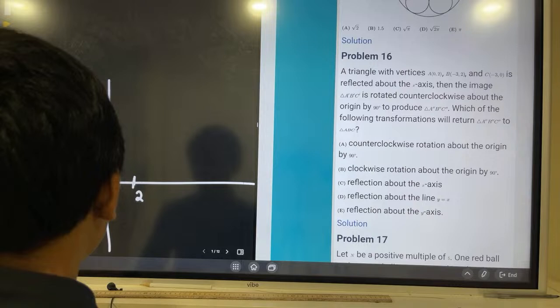This is 2 root 2 plus 2 root 6, comma, negative 3. So the single is going to be 2 and 2 root 2 plus 2 root 6.